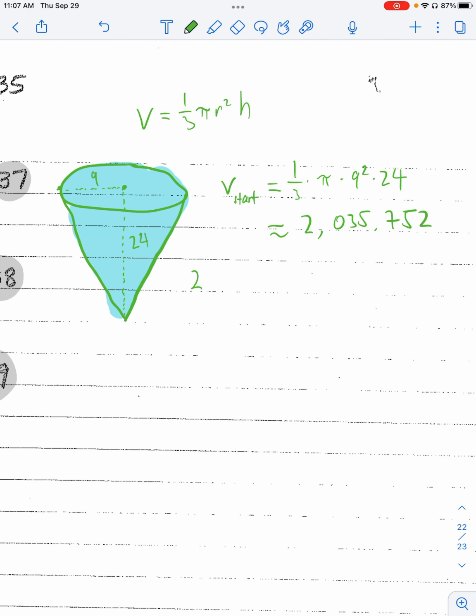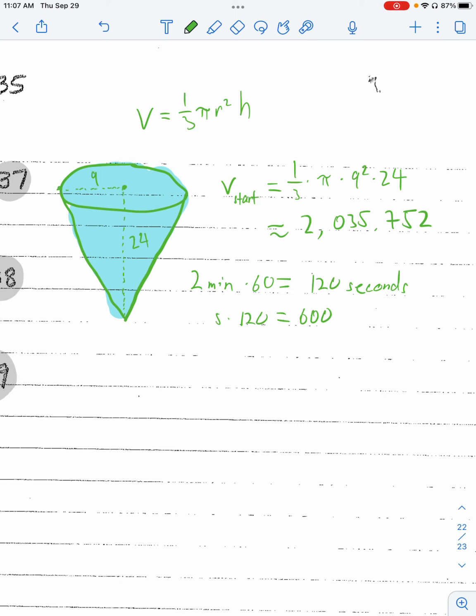So in 2 minutes, there are 120 seconds, and for each of these 120 seconds, we're going to lose 5 cubic inches of water. So we're going to lose, what is that, 600? Let me just put it in my calculator just in case. We're going to lose 600 cubic inches of water.